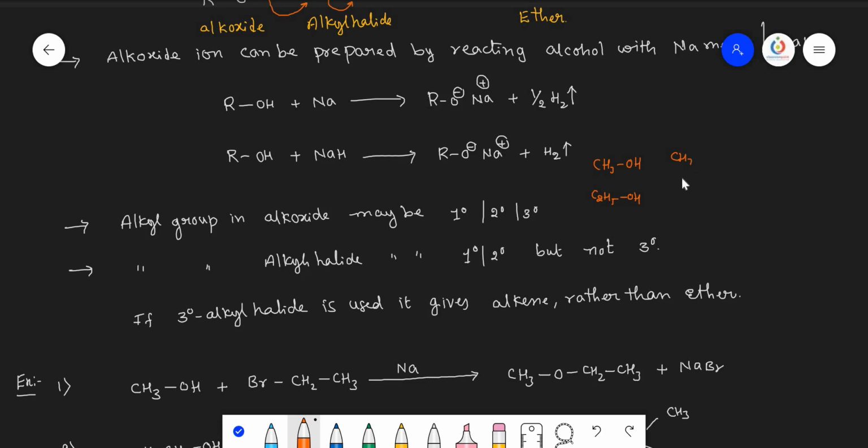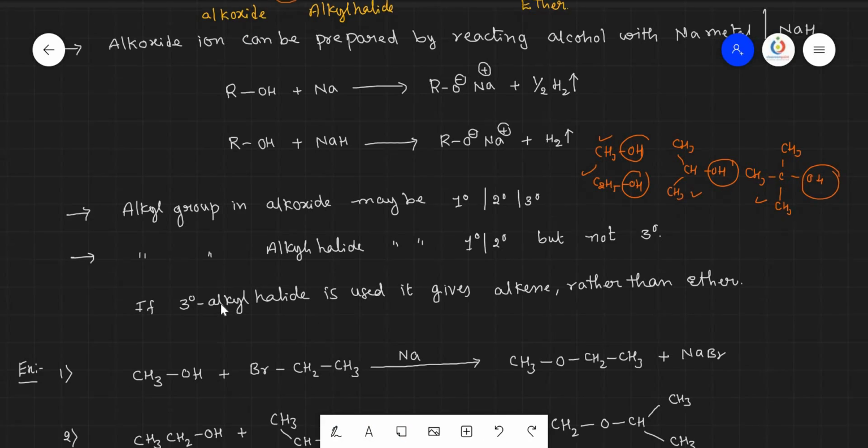Similarly, you can take isopropyl alcohol as a secondary alcohol, or else you can consider the tertiary alcohol also. So in alcohols, the alkyl groups may be primary or secondary or tertiary.